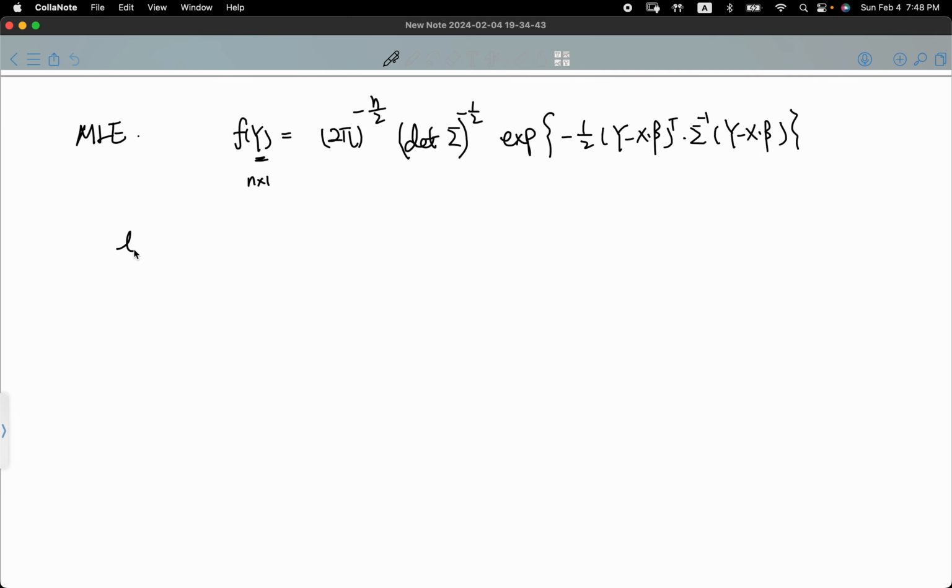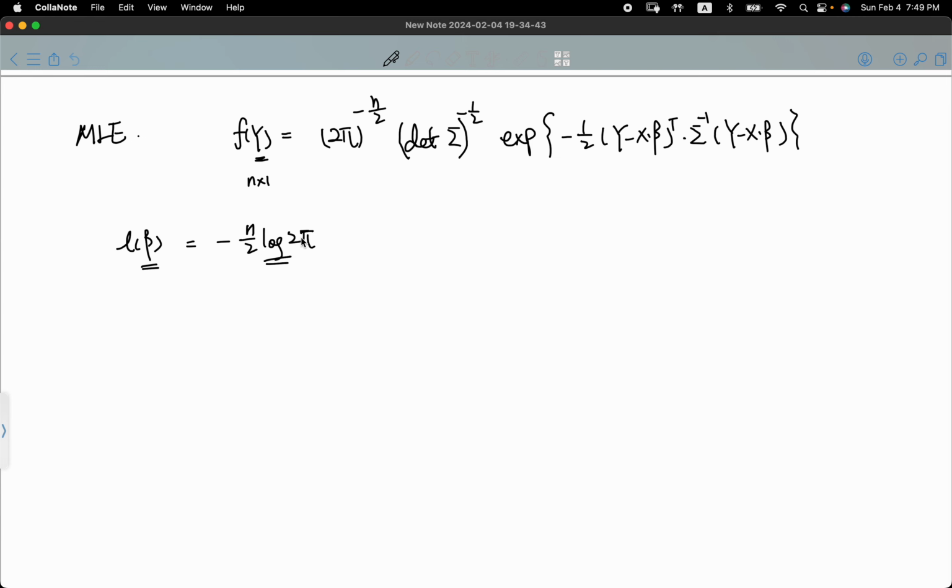Okay, now let's define our log likelihood, and it's a function of our parameter beta. So taking the log, we have that. Here I'm just going to use log for natural log. In statistics, usually people use natural log, but it doesn't matter which base.